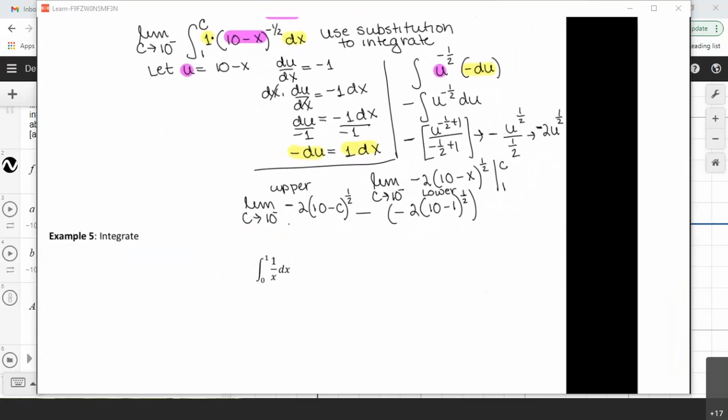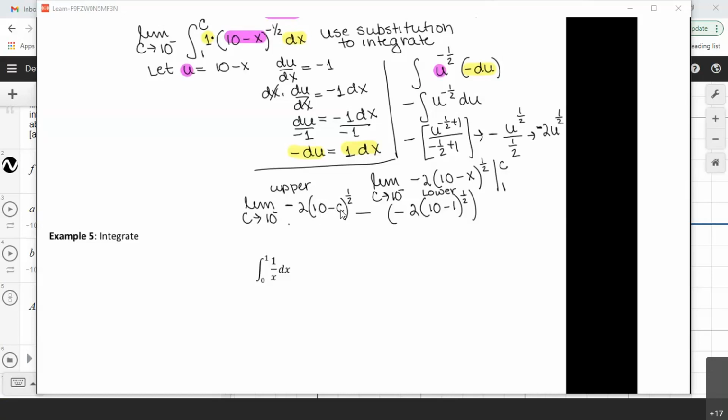Now here's what you want to understand about this. When I say this is approaching 10 from the left, I mean, first, maybe this is a 9, because that's to the left of 10. 10 minus 9, that's a 1. Suppose this is 9.9, well, then 10 minus it becomes 1/10.